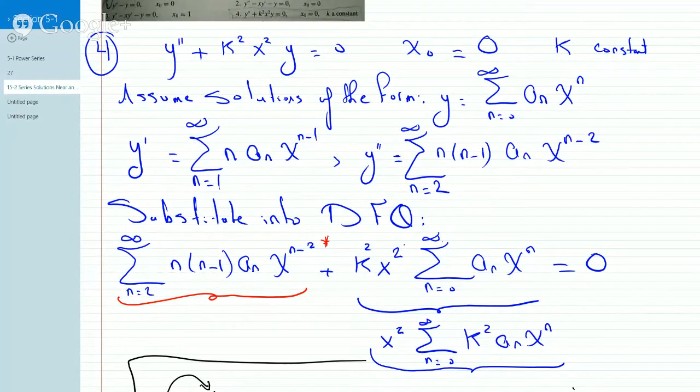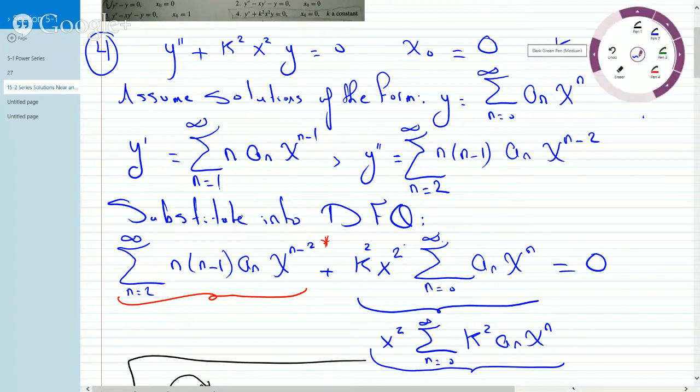And the way we differentiate series is the same way we differentiate anything else. So x squared becomes 2x, and here x to the n becomes n times x to the n minus 1. And it remains a series. The only difference is, when n is 0, what's your first term in the series?